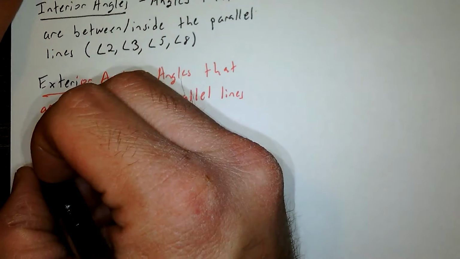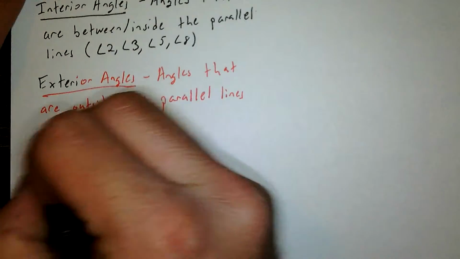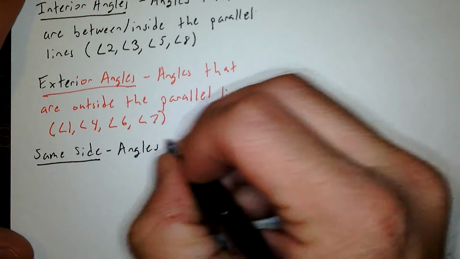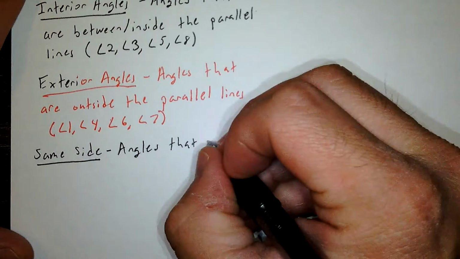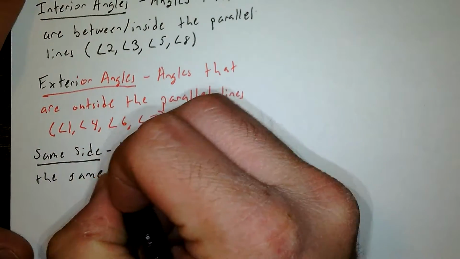Okay, we have a couple more definitions. We can have same side angles. Same side angles are angles that are on the same side of what?